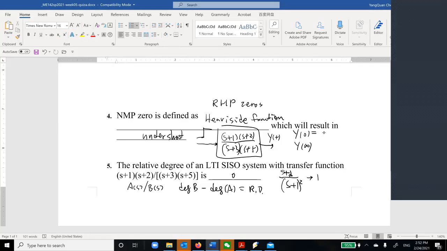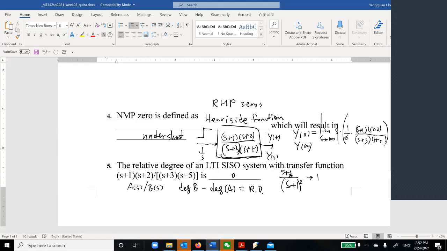If you want to do initial value theorem, you need to send s to infinity, then you take the limit of s times the whole thing. What is y of s? It's the whole transfer function times 1 over s, the input. So this is s plus 1, s plus 2, s plus 3, s plus 5.